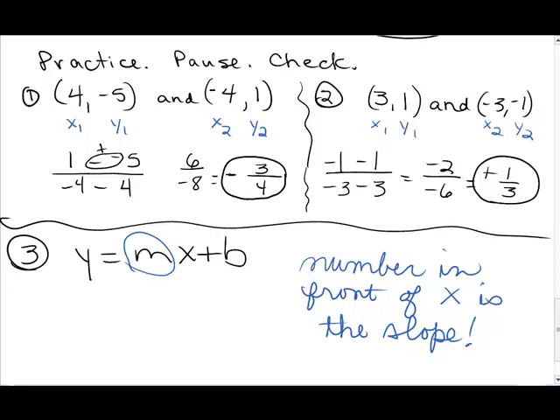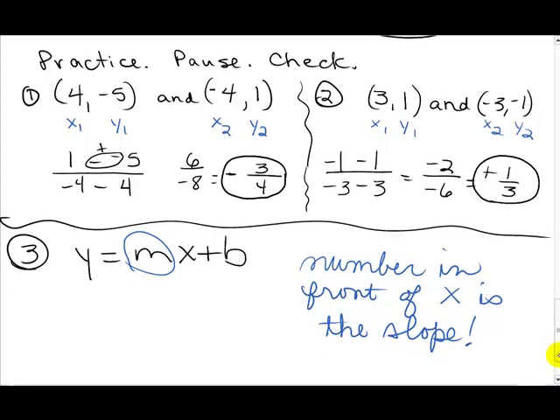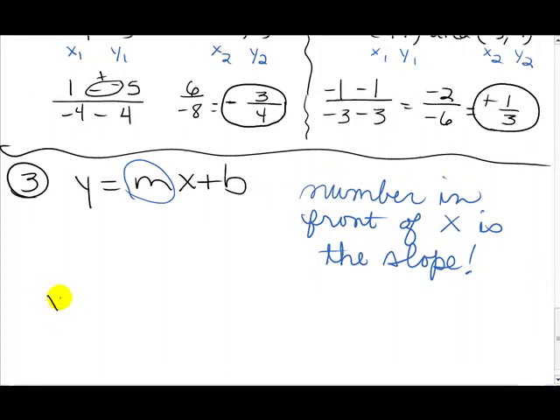So it will be important to have it in this form. Here it's already in the correct form, and so it's easy to pick out our slope. It's right there in front of x. So here the slope equals 3.